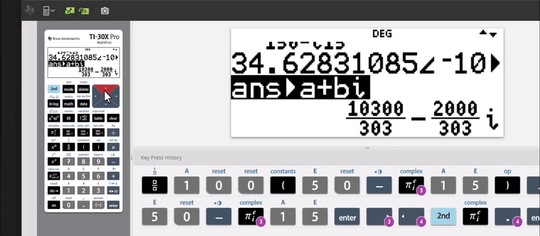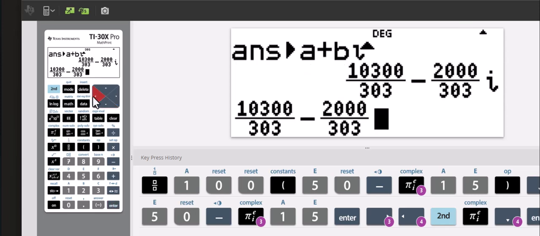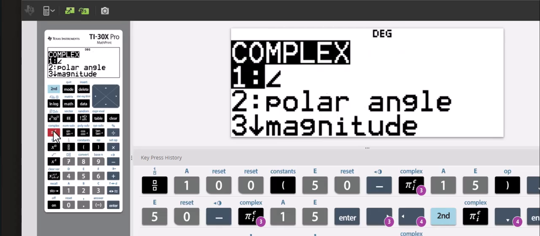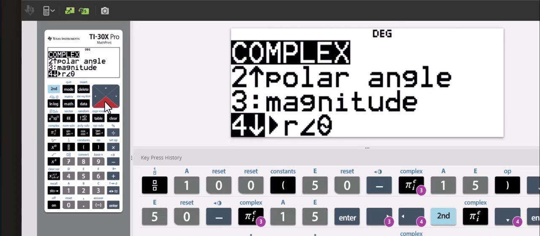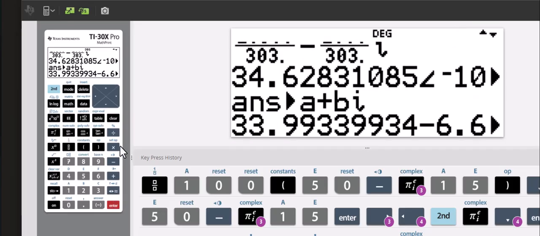Hold on, let me get it. This is the European version, and for some reason it really just wants to have it in fractions. There we go.